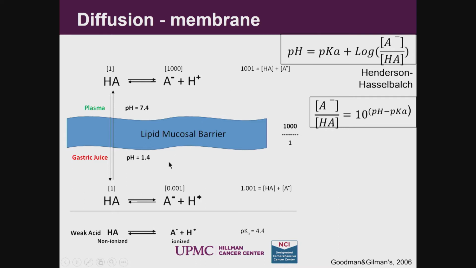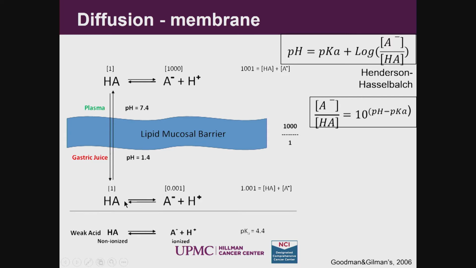In the gastric acid, with a pH of 1.4, this equilibrium is the other way around. For each one molecule of neutral acid, there are 0.001 molecules of anion. And so as you can see here, the equilibrium in the acid is pushed to the neutral form, and on the plasma side it is taken away from the neutral form.